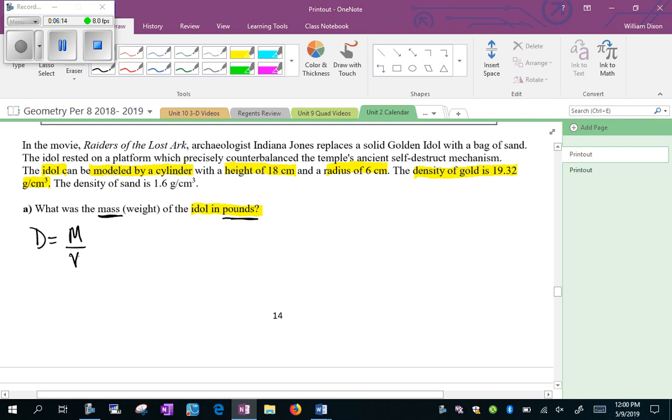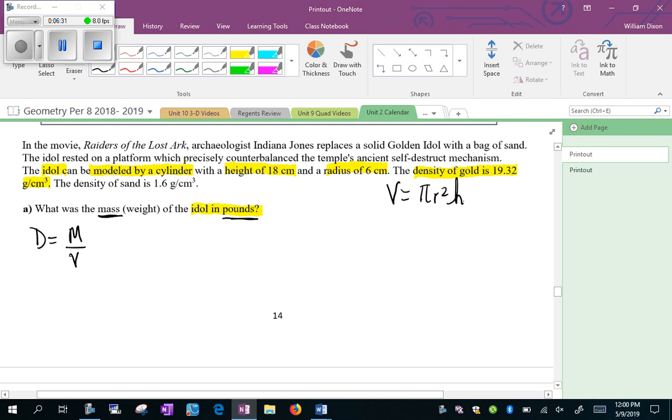So I need to find out what my volume is. We said it's a cylinder, and I know that the formula for the volume of a cylinder is pi r squared times the height.